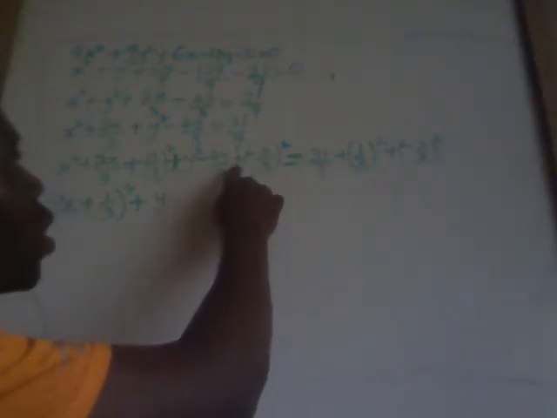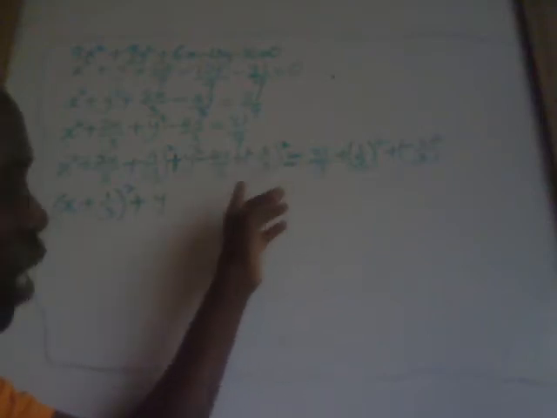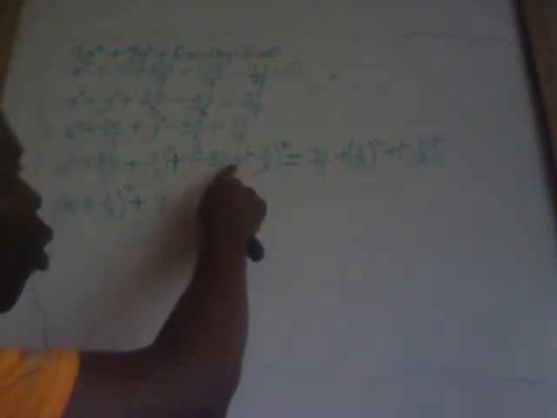Then I told you that the next term is plus open bracket minus 2 over 3 all squared. So the sign in front of that minus 2 over 3 all squared is plus. Are you there? Minus 2 over 3 square is a term on its own, so the sign in front of it is plus, not the one inside brackets.